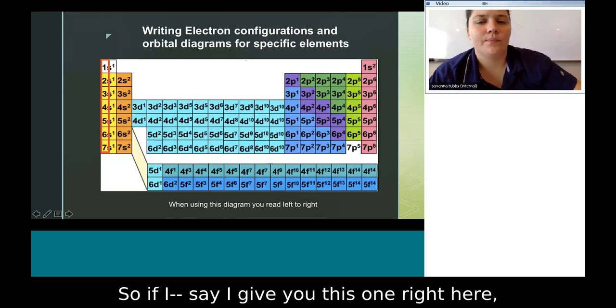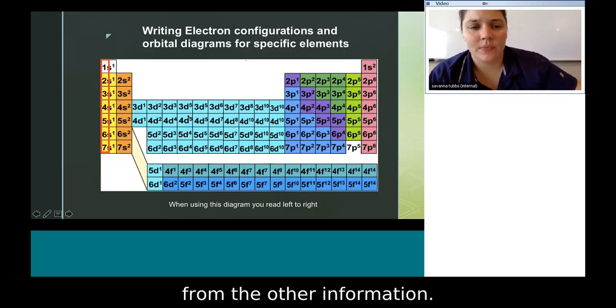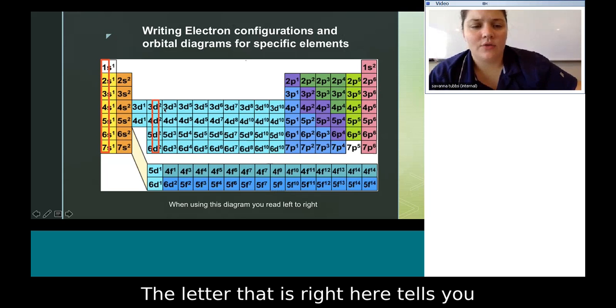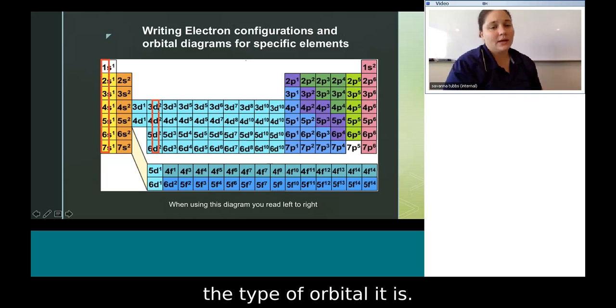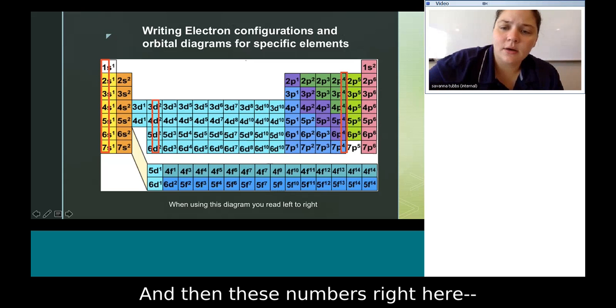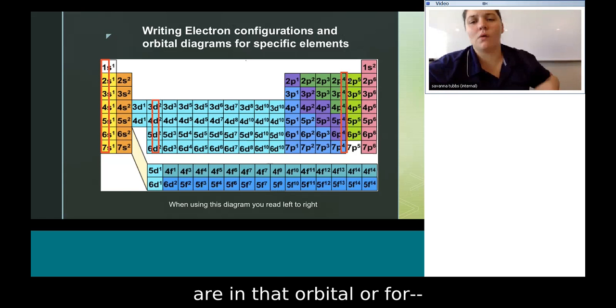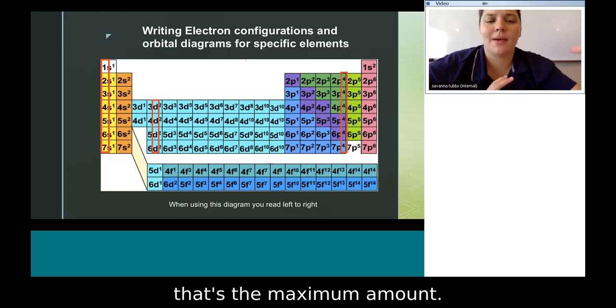So if I give you this one right here, your N number is 4. And then you can find your L, ML, and MS from the other information. The letter that is right here tells you the type of orbital it is. And then these numbers right here, those superscripted, are going to tell you how many electrons are in that orbital, or that's the maximum amount.